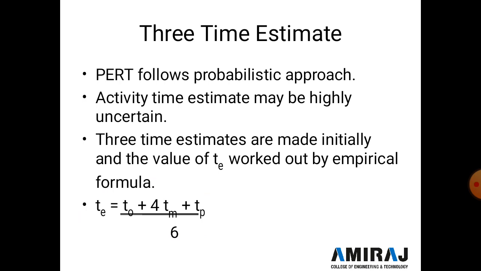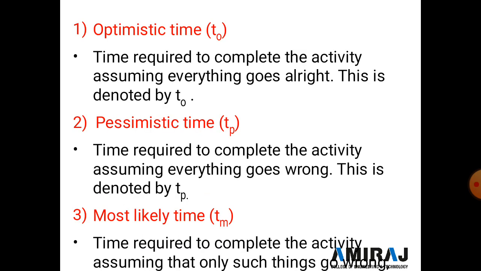By using this formula we get the estimated time. TE is equal to TO plus 4TM plus TP divided by 6. So it's the formula for the three time estimate.